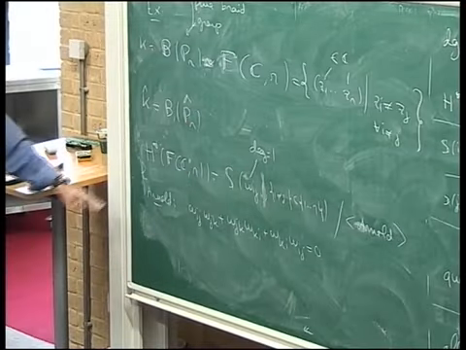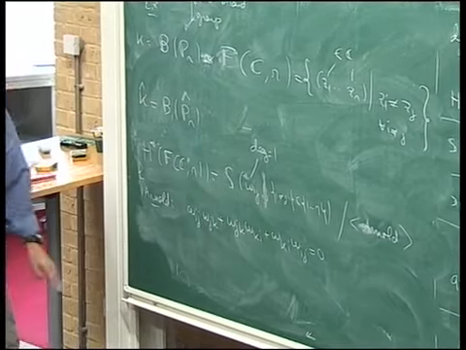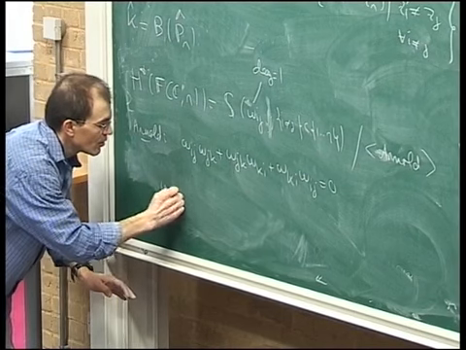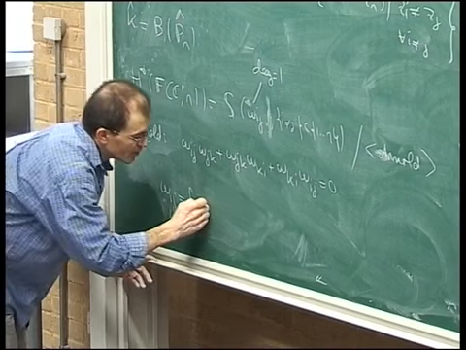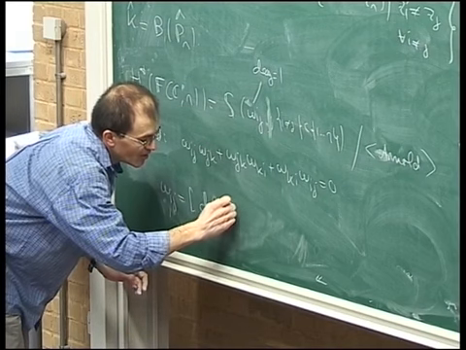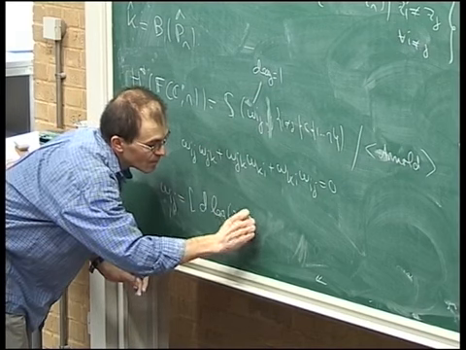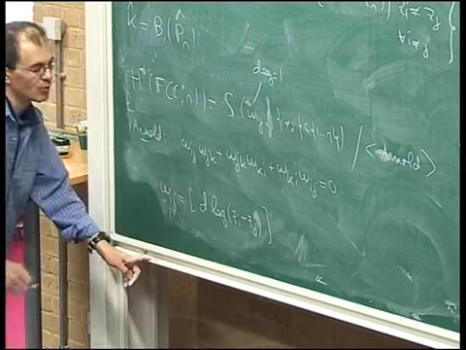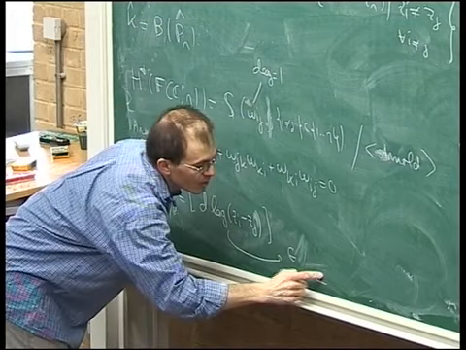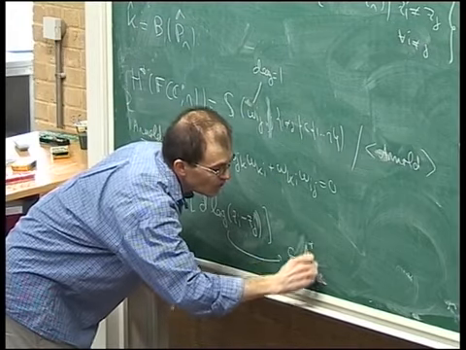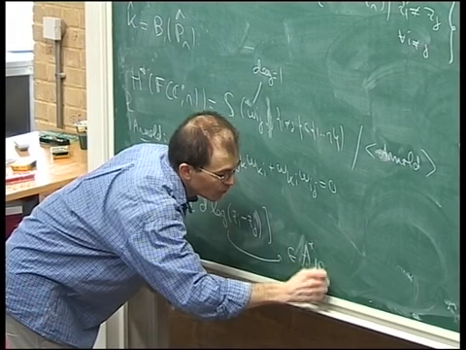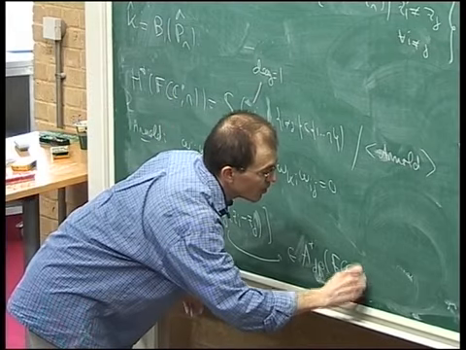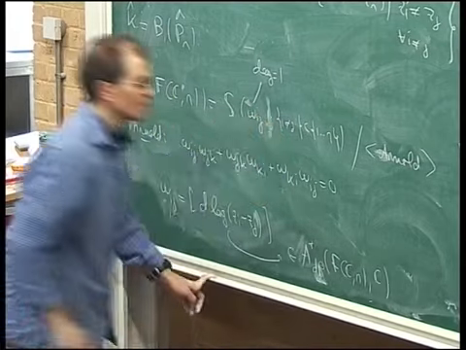And if you work with complex coefficients, then omega ij is just given by the class of the d log of zi minus zj. So it's a class in the de Rham DG algebra, the DG algebra of de Rham forms on this configuration space with coefficients in C.